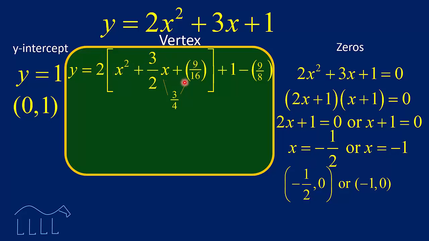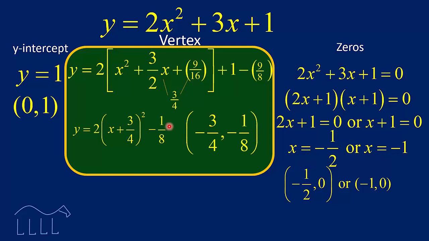Okay? Well, now I'm ready to rewrite this as I can complete the square as x plus this thing. Whatever half of this was, that's what goes right there. So I've got 2, and then this whole thing right here is x plus 3/4 squared minus this thing right here. 8/8 minus 9/8 is -1/8.